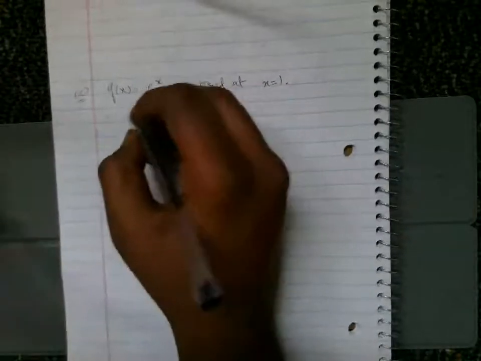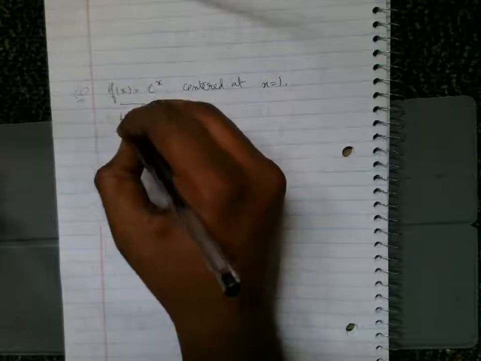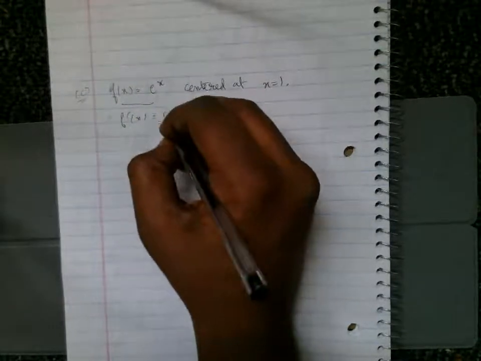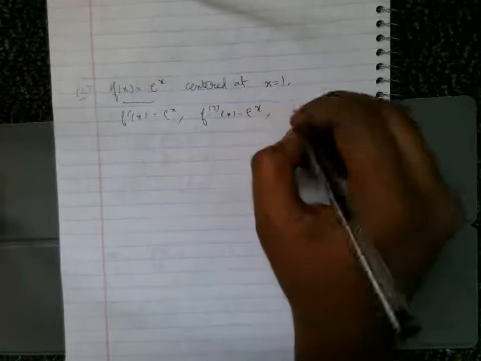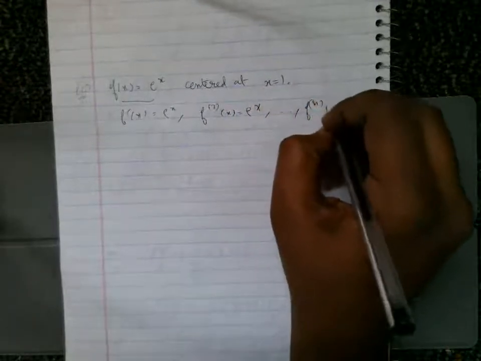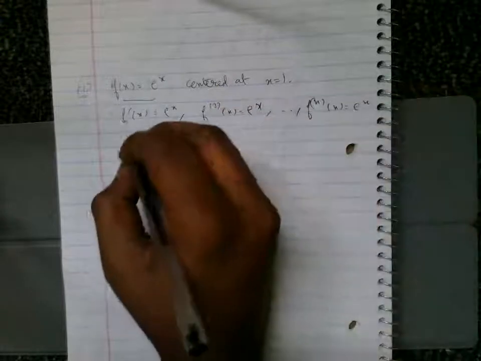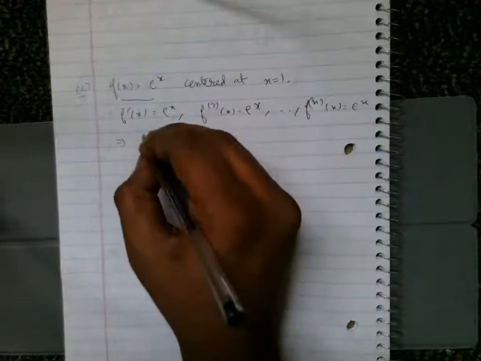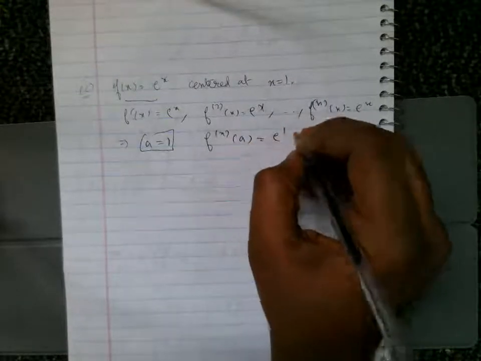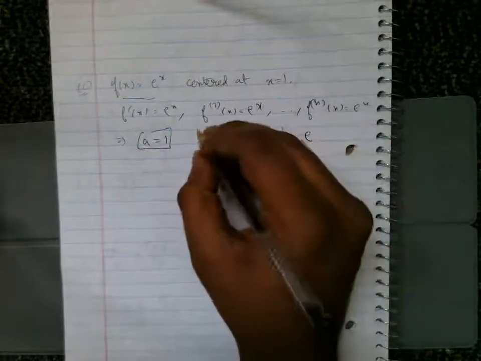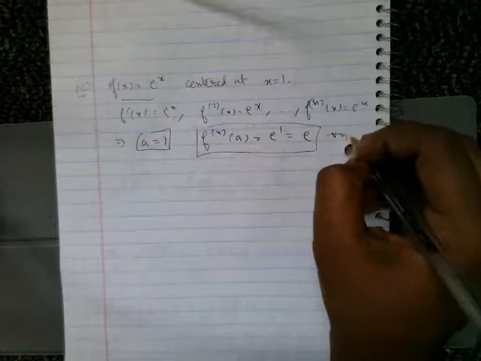And now finally we have f of x equal to e to the power x centered at x is equal to 1. So this is pretty simple because f prime of x is e to the power x, f2 of x is e to the power x, and all the derivatives are just e to the power x. So therefore, when you substitute a is equal to 1, fn of a is equal to e to the power 1, which is e, for all n.